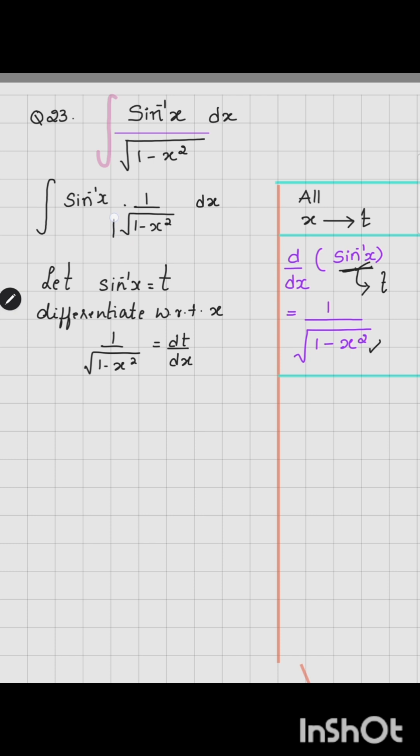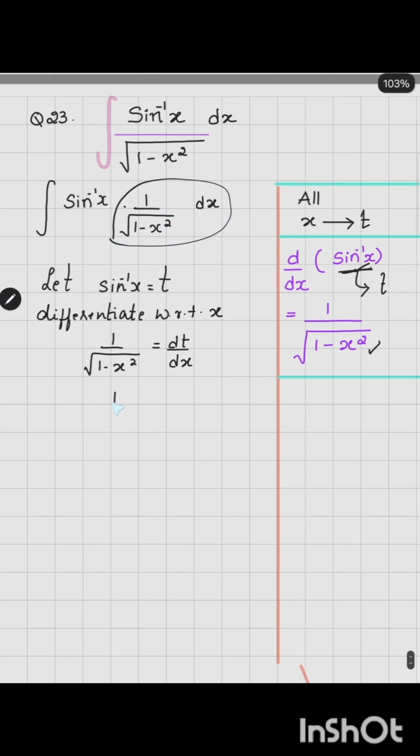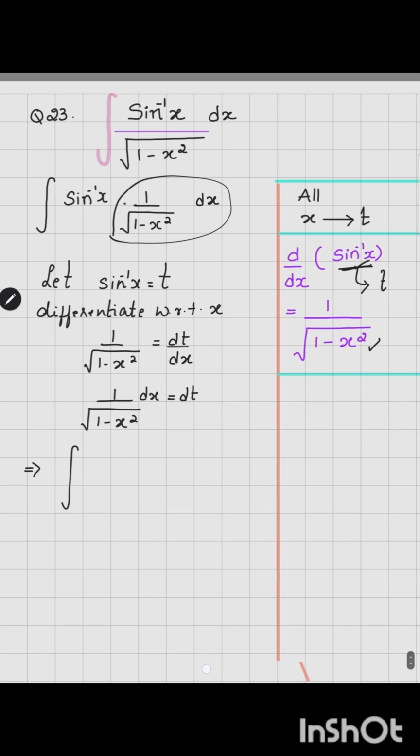But we have to do the substitution for this entire thing, 1 by square root of 1 minus x square dx. For that we cross multiply: dx divided by square root of 1 minus x square is equal to dt. Now this implies the integral of, in the place of sine inverse x we write t, and here we write dt. Now we know the formula.